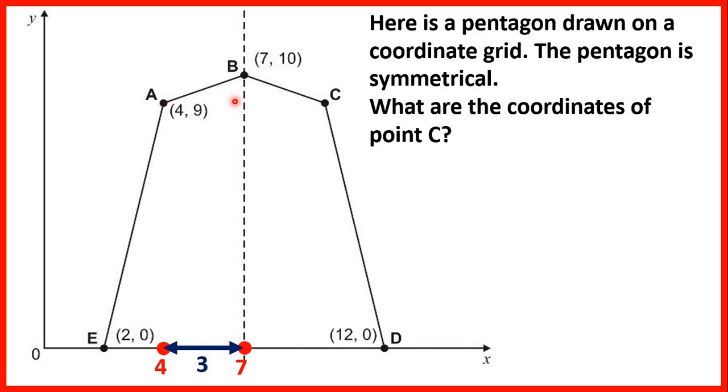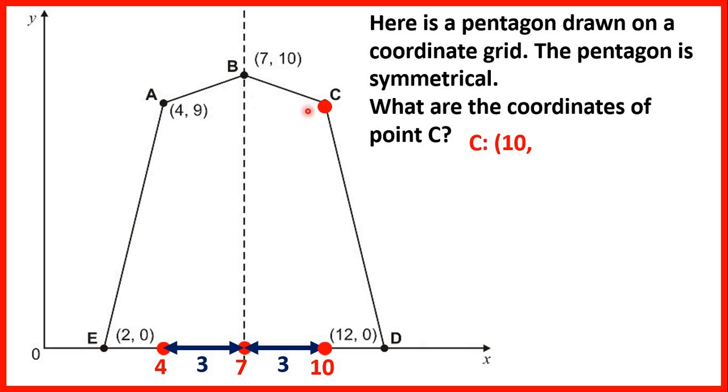And because the distance from the line of symmetry will be the same on both sides, we know that for point C, we'll have 3 more than 7, because for point A, we had 3 less than 7. So 7 plus 3 is 10, which means that point C has an x-coordinate of 10.